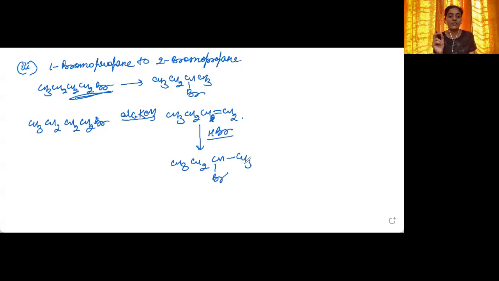You can just check whether Markovnikov's rule will be applicable or anti-Markovnikov's rule will be applicable. Definitely Markovnikov's is applicable. That is why I have written it. But you just go and check if you use anti-Markovnikov's rule here, that is, you do this reaction in the presence of peroxide, then what will be the product formed? Okay, so let's now move into the next part of this question, that is the fourth part.